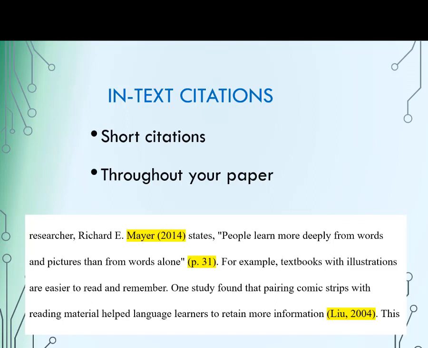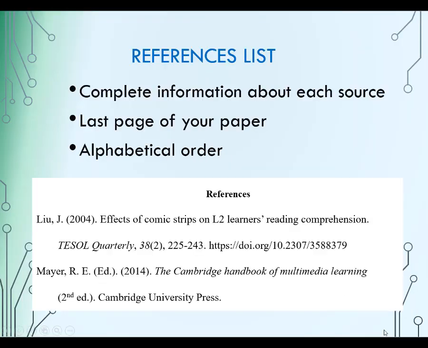The author Richard Mayer's name, followed by his book's publication date, is in the sentence, and, because it's a direct quotation, the page number is in parentheses at the end of the sentence. Another author, Liu, is cited with last name and date in parentheses at the end of the sentence.